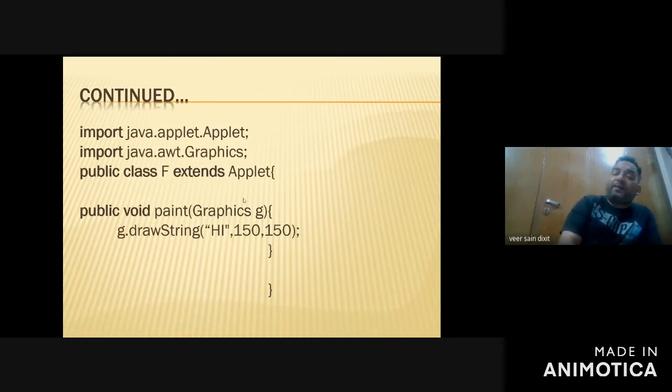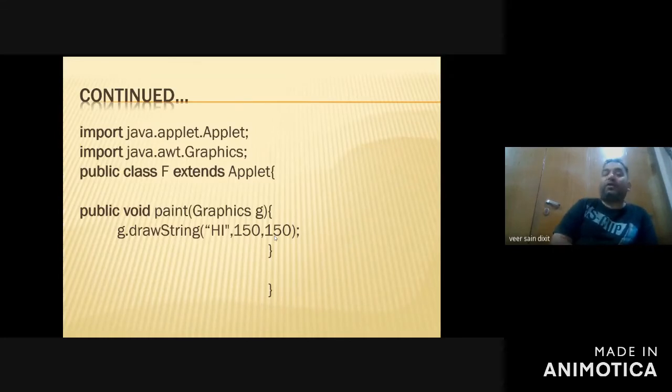In this Graphics class, there are various methods, for example, drawString. To print a message on the applet, we use the method drawString, which is defined in the Graphics component class, and we are using g.drawString. We are passing the message which we want to print at what point on your applet.